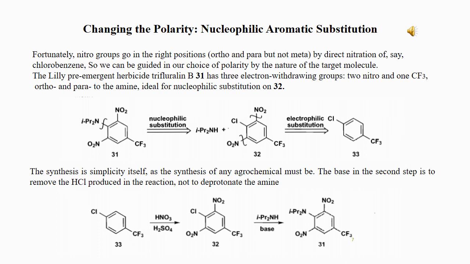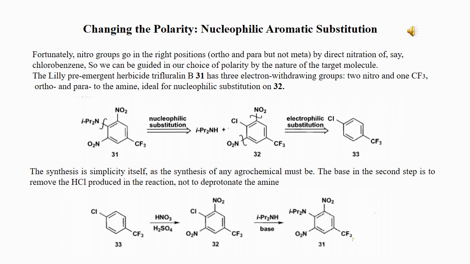So the diisopropyl nitrogen with positive charge will be leaving from here after the disconnection. So how can we get it? We can get it very easily if we have chlorobenzene and we do the nitration.